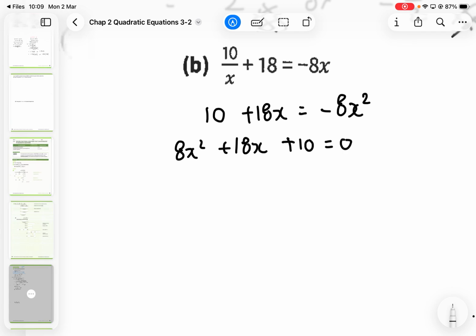Then key in calculator. Hey, key in calculator. Press your calculator. Copy already. Go and press your calculator.